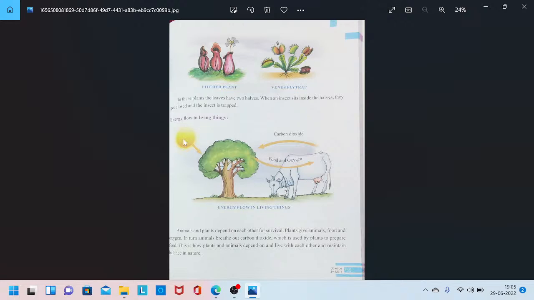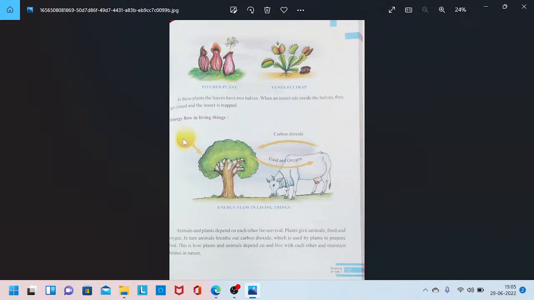Energy flow in living beings. Animals and plants depend on each other for survival. As we already spoke, each animal and each plant depend on each other to live. Plants give animals food and oxygen. In return, animals breathe out carbon dioxide, which is used by plants to prepare food.